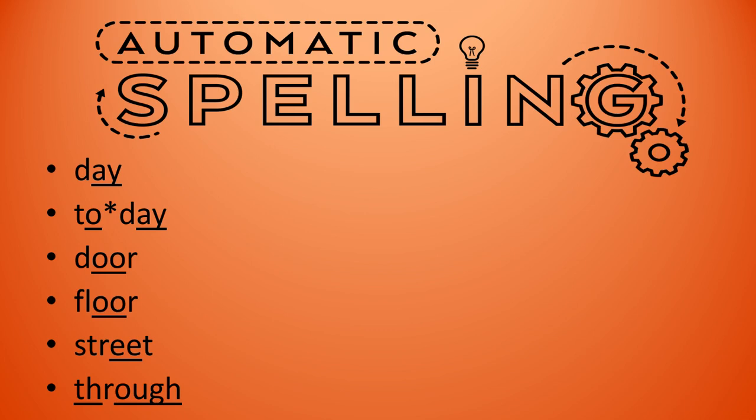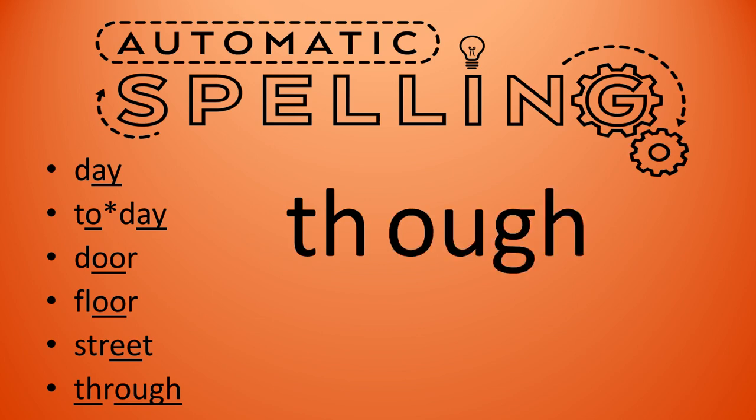Let's talk about that word. Though has two phonograms, the TH phonogram and then the OUGH phonogram. OUGH makes 6 different sounds, so it's a lot. But anyway, this is the word though.